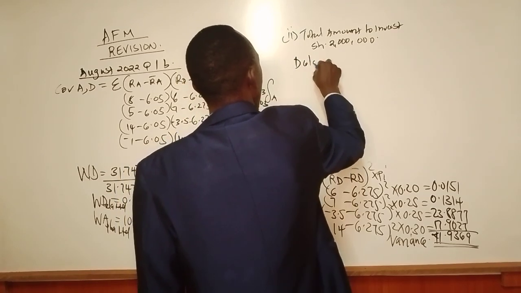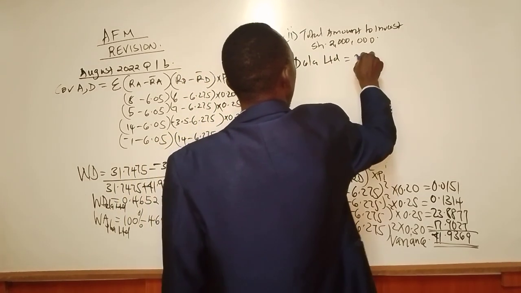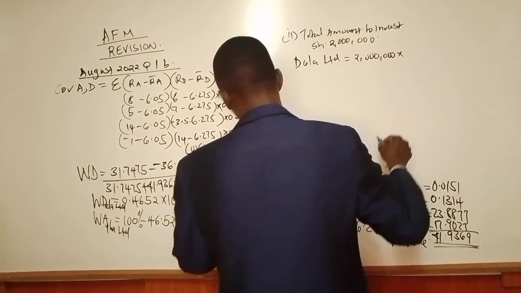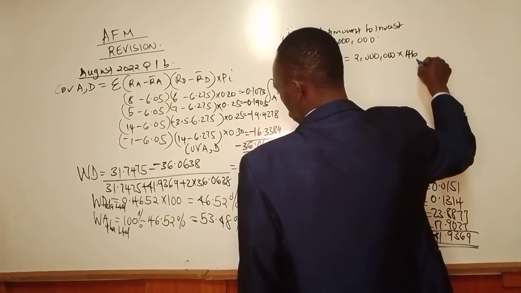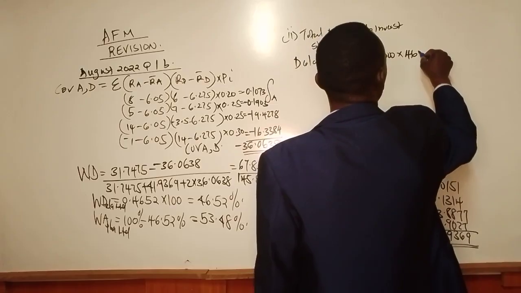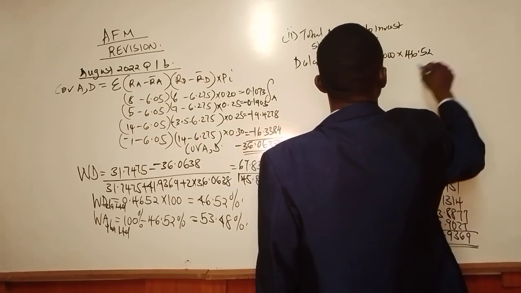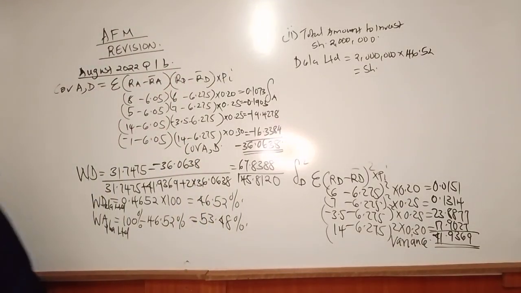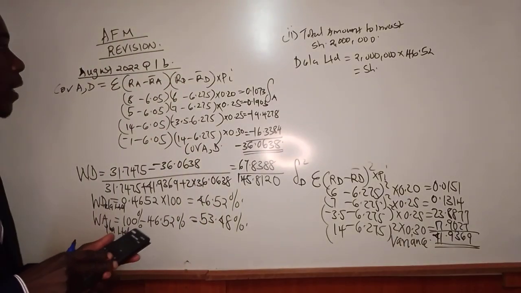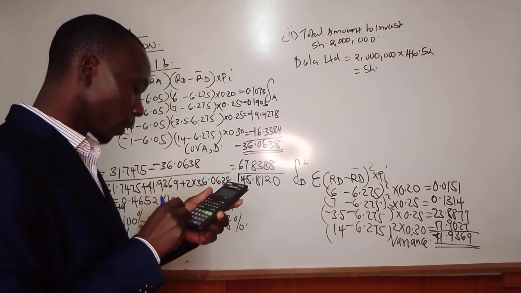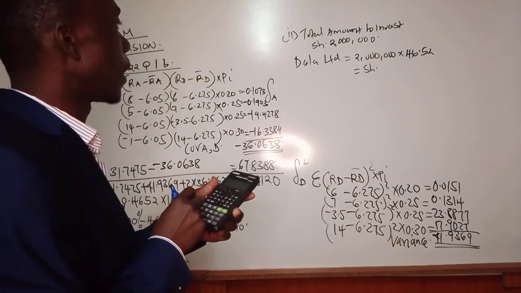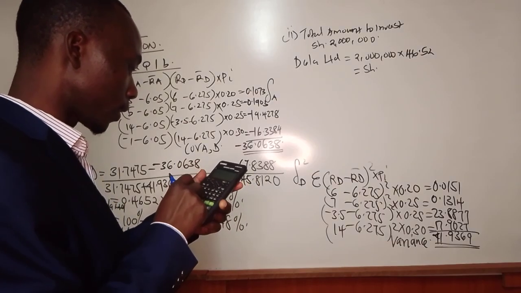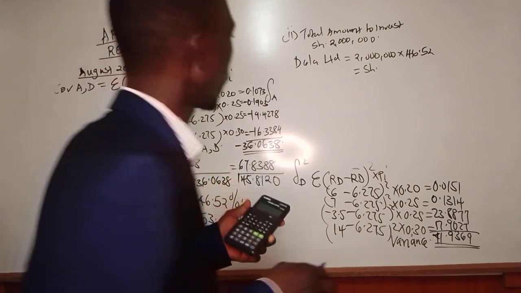So Data Limited will get 2 million, then you multiply by 0.4652. So in this case, Data Limited will get how many shillings? It is 2 million times 46.52%.